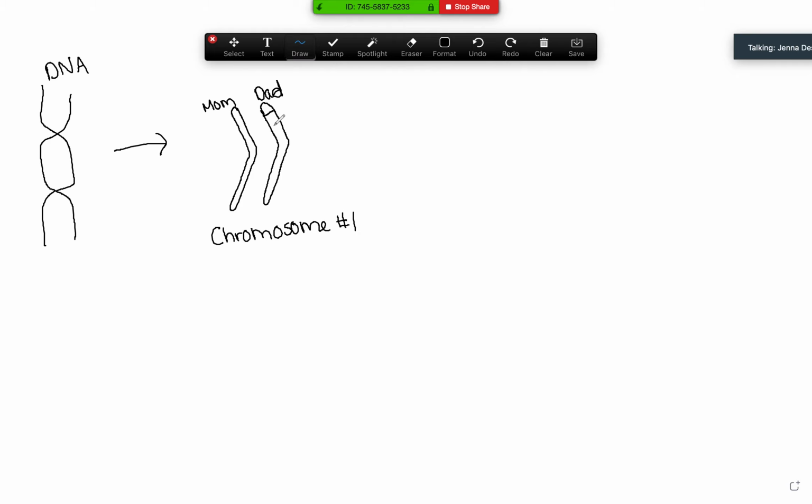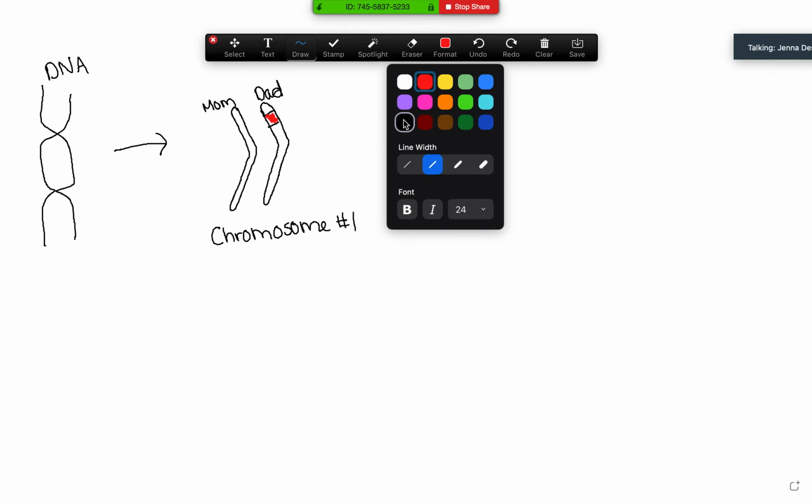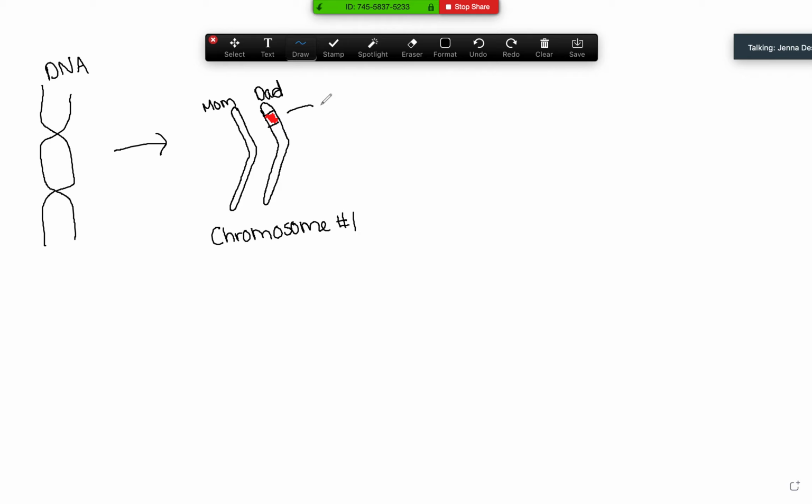So, if you guys remember, chromosomes and DNA have sections on them called genes. So I'm going to color this gene red. Okay? So, this is a gene, which is just a section of a chromosome. Okay?